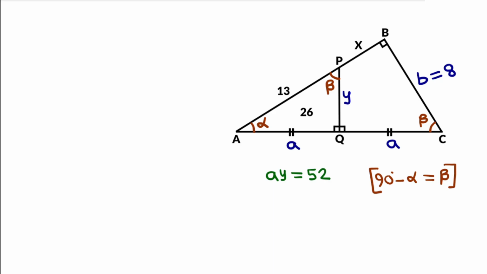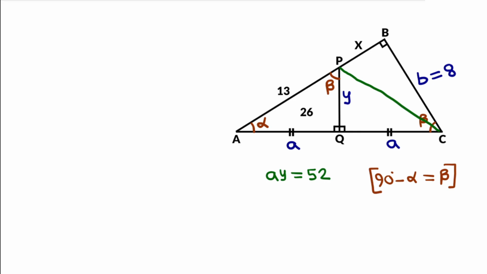Now we're very close. Let's draw one extra segment connecting P to C. Now look at the two triangles resting on the hypotenuse. Triangle AQP and triangle CQP.